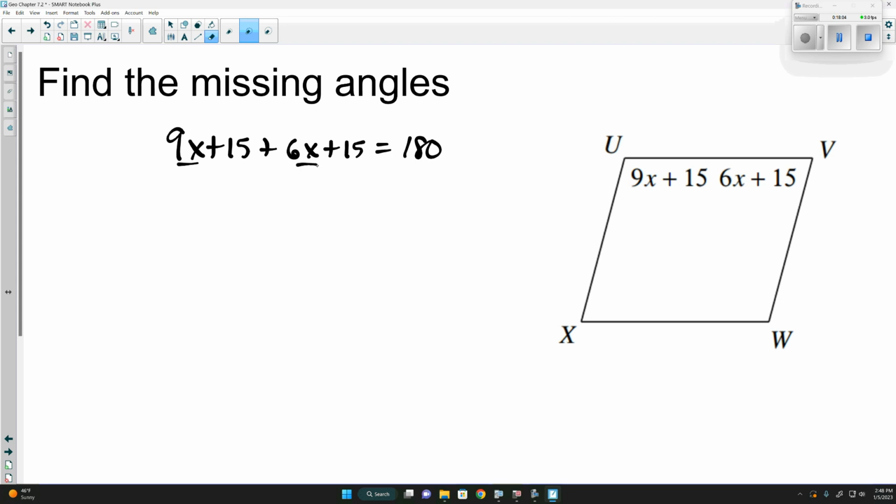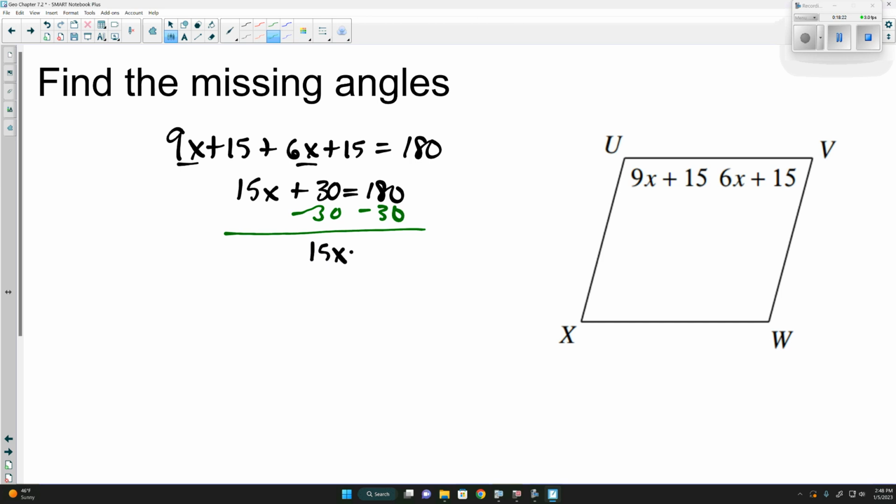So 9x plus 6x is 15x, 15 plus 15 is 30, then we would minus 30 from both sides, which tells us that 15x is equal to 150. Then we would divide both sides by 15, telling us x is equal to 10.